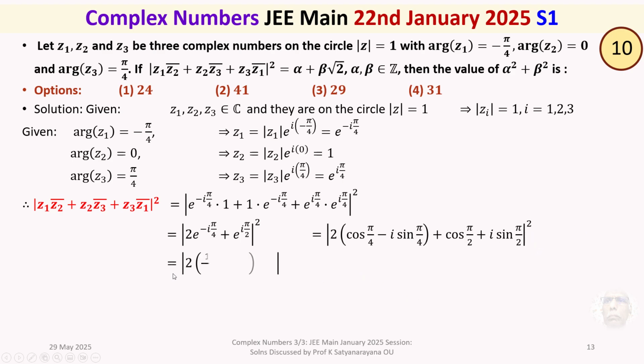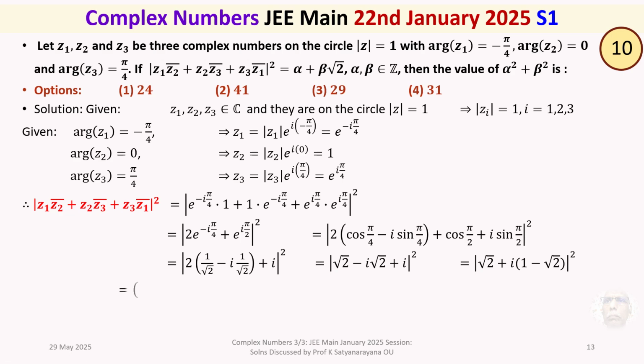This is 2 times (1/√2 - i/√2) + cos π/2 is 0, i sin π/2 is i. Simplifying, you will get the modulus of √2 - i√2 + i. That is the modulus of √2 + i(1 - √2), squared.